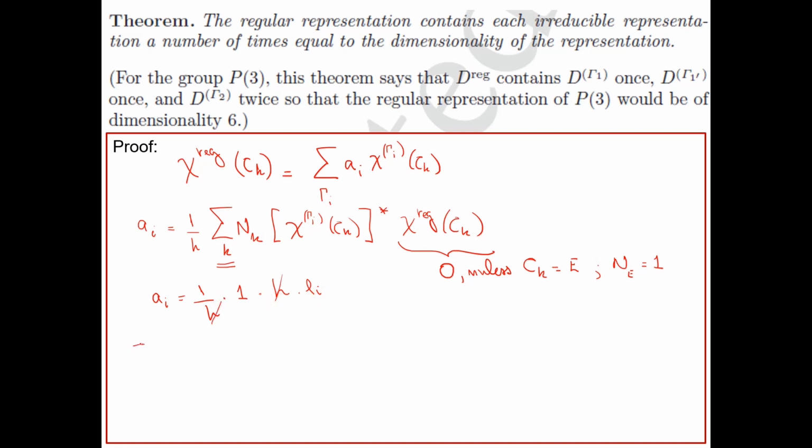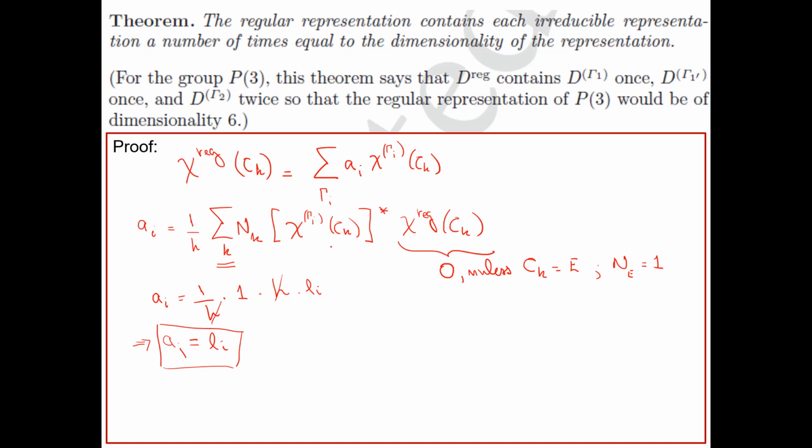Then I have this result, AI equals Li, Li being the dimensionality of the representation gamma I, okay? Alright.